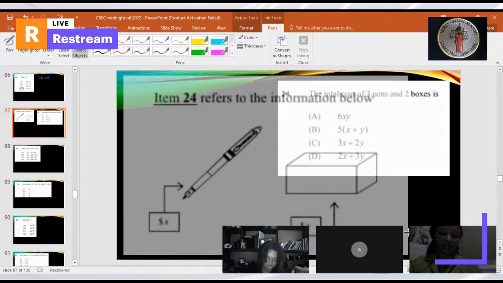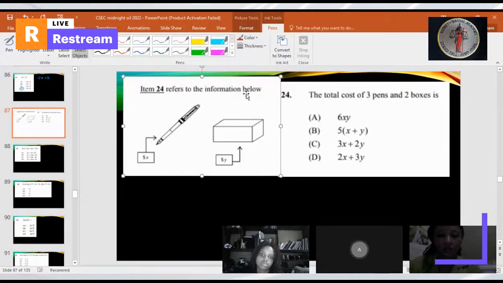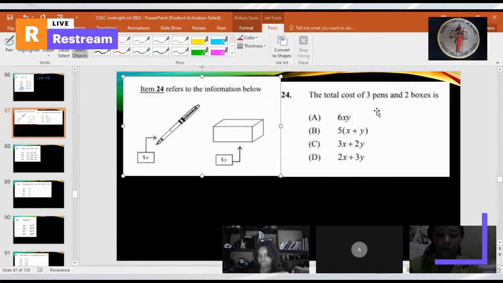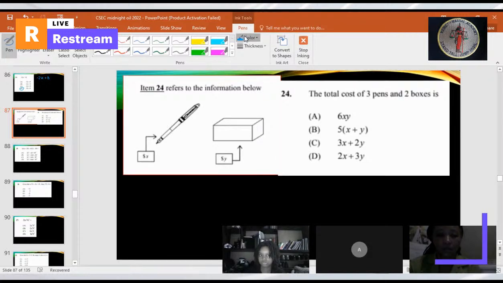The pen is x dollars and the box is y dollars. The pens are x, so 3x, plus the boxes, 2y dollars. So 3x plus 2y. And that is C.